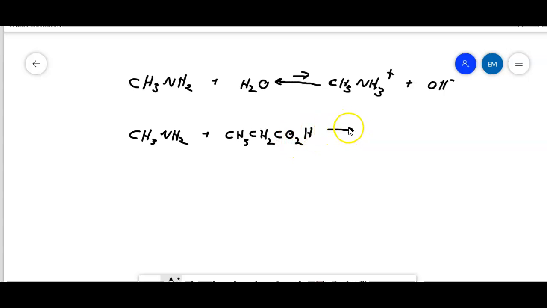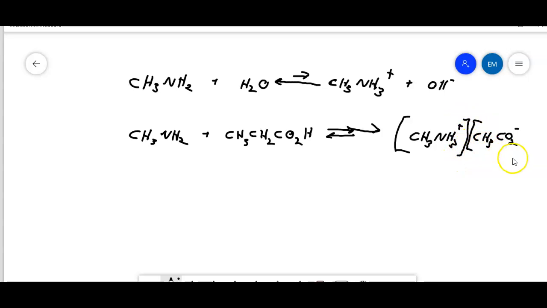Here you're going to have a lot more. I don't know where this equilibrium lies, but I suspect it's going to be in this direction. So you're going to have CH3NH3+, which is methylammonium, and CH3CO2-.